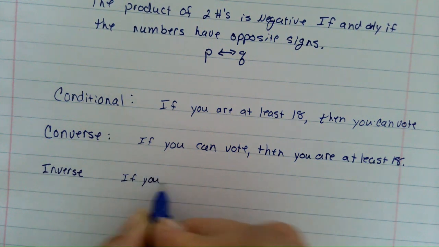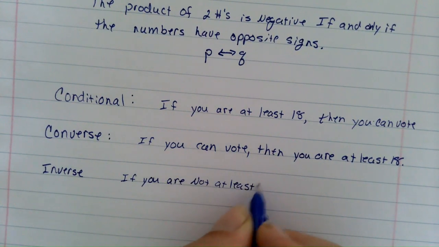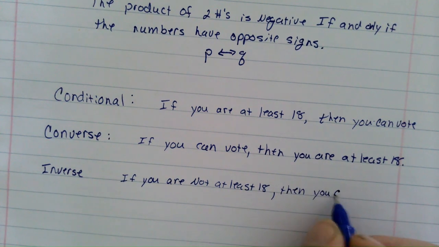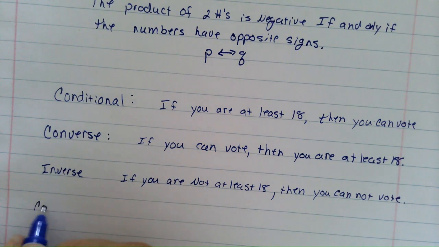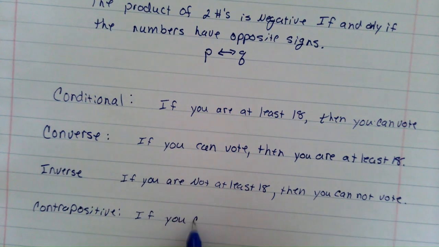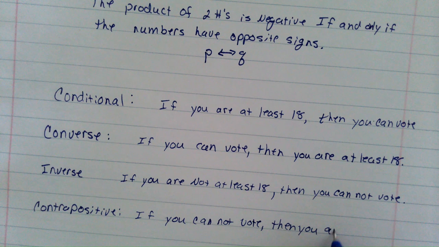If you are not at least 18, then you can not vote. And the contrapositive. If you cannot vote, then you are not at least 18.